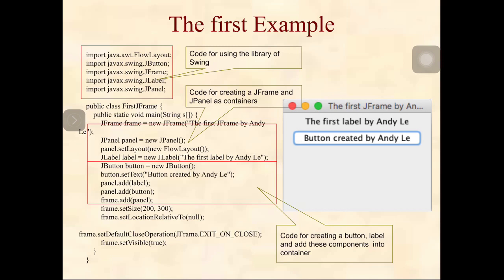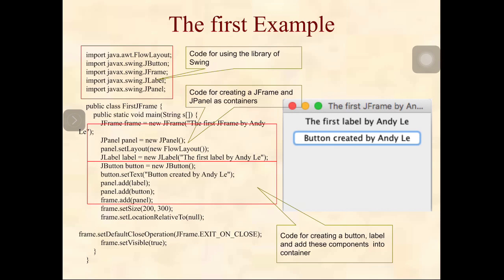Then I created two components. They are JButton and JLabel. And I set a title name for each component, label and JButton. Then I add two components into a JPanel on the window.